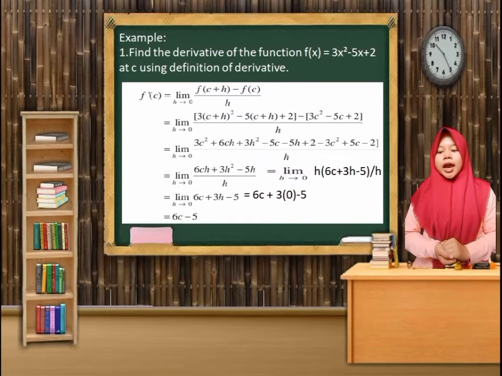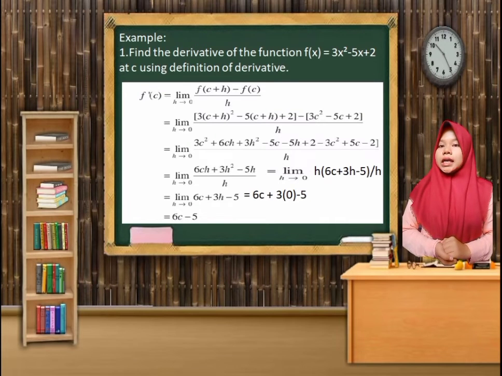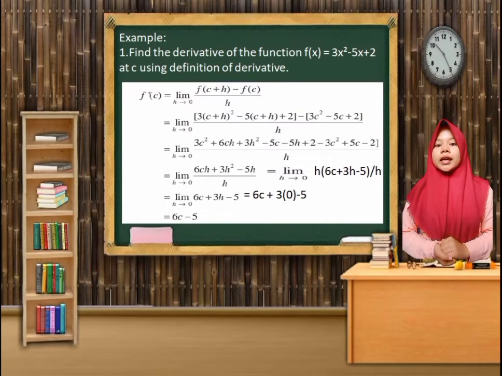Then enter the value of h equals 0: 6c plus 3 times 0 minus 5 equals 6c minus 5. So the derivative of the function f(x) equals 3x squared minus 5x plus 2, with the definition of derivative, equals 6c minus 5.